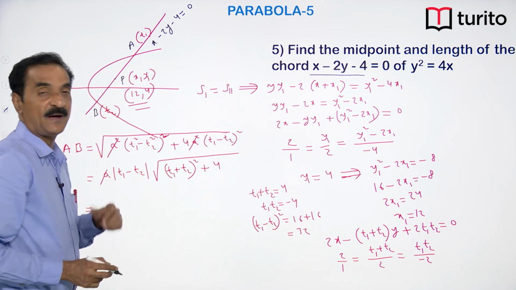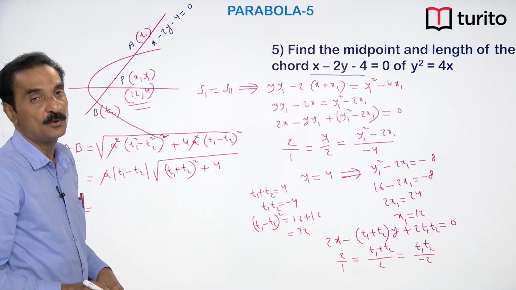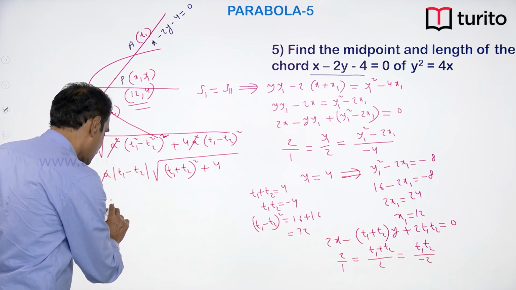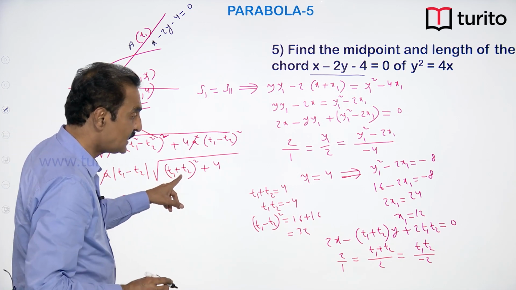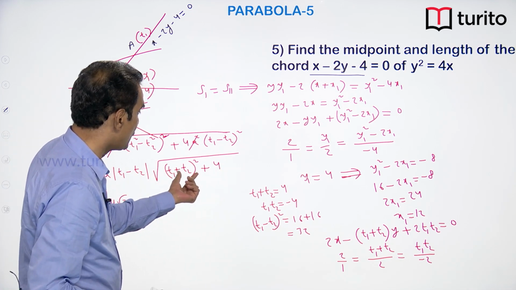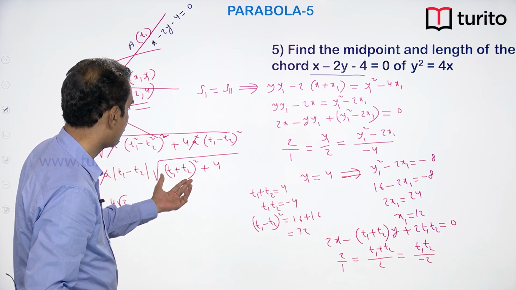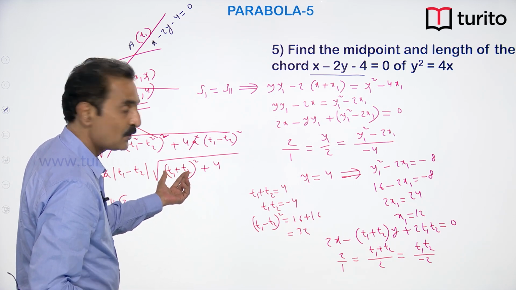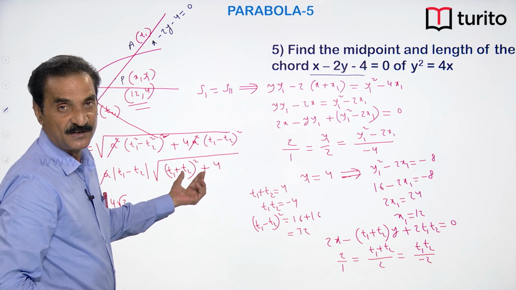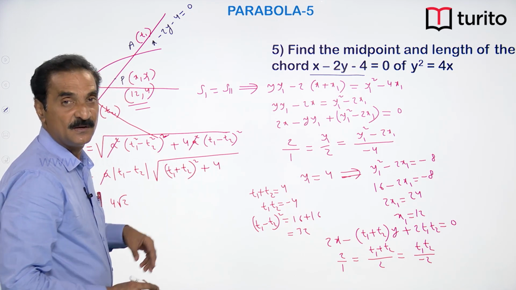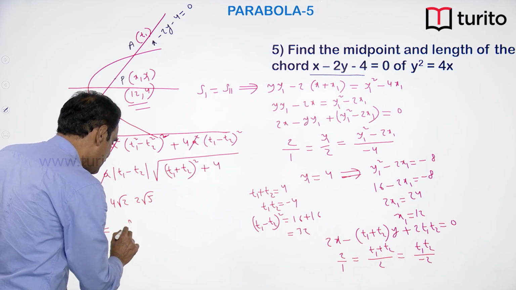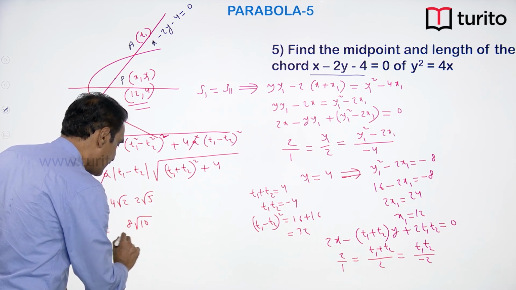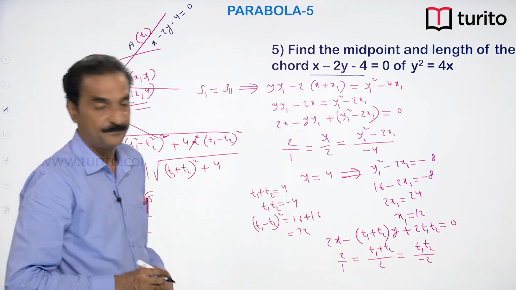Then T1 minus T2 is root 32, which is 4 root 2. Next, this one: root over 4 square plus 4. 4 square is 16, 16 plus 4 is 20. Root 20 is 2 root 5. So, answer is 8 root 10. Length of the chord is 8 root 10.